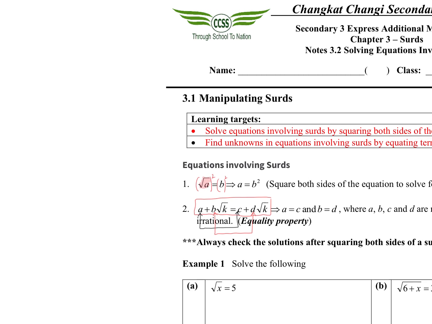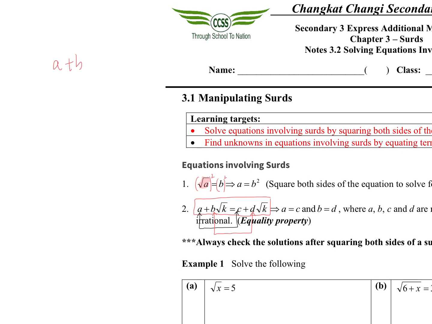So if I give you an expression, a plus b root 3 is 5 plus 3 root 3, then I can compare and tell you that a must be 5 and b must be 3. So this is by the equality property. So the whole 3.2 revolves around these two. Okay? And the whole 3.1 revolves around the 3 properties I told you just now. That's all.